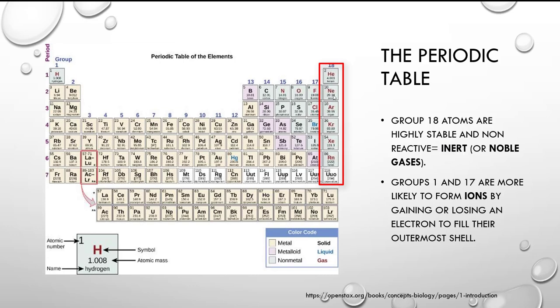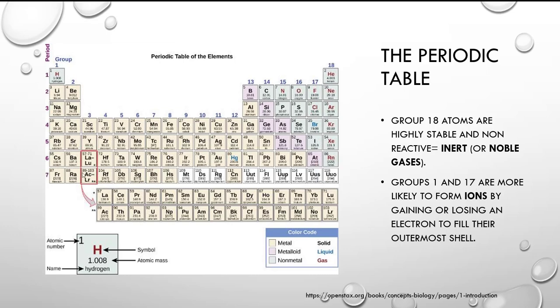Neon has filled its outermost shell, so it's not going to react. If nitrogen wants to react with it, why would neon react with nitrogen? Nitrogen wants 3 more electrons, but neon doesn't want to give any up. It's stable, it's happy, so it's not going to react with nitrogen. These are the stable guys over here.